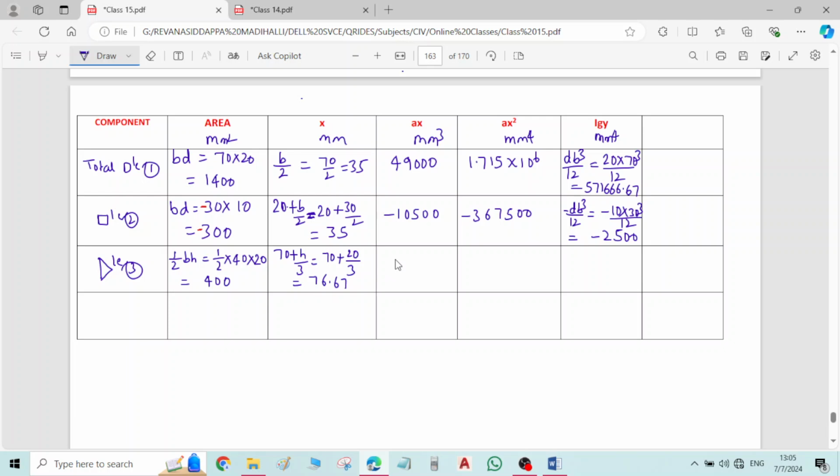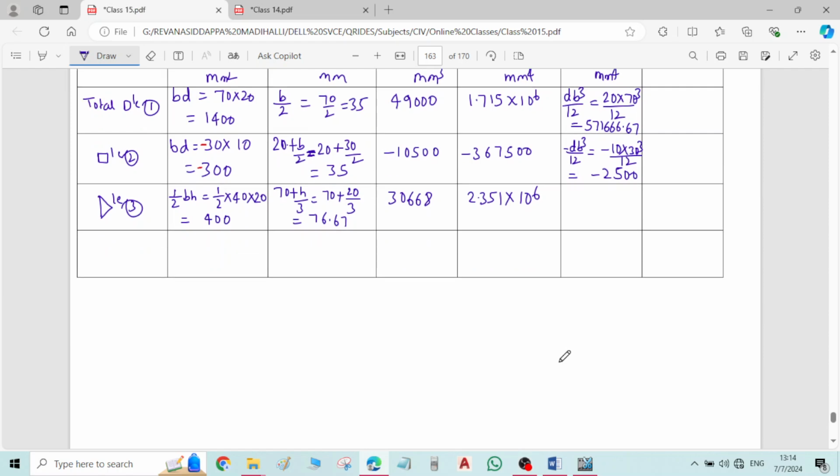Coming to the AX, it is 30,668. AX square is 2.351 into 10 power 6. Then coming to the IGY formula, here is an important step in this particular problem.